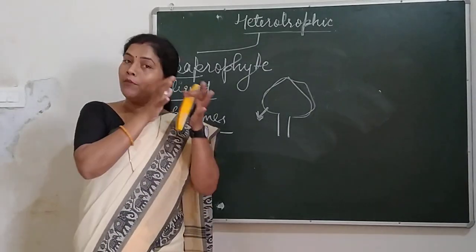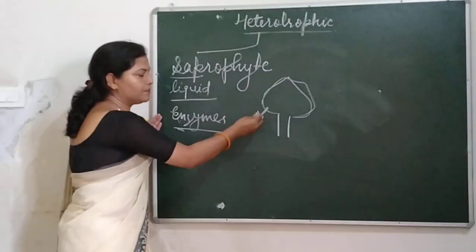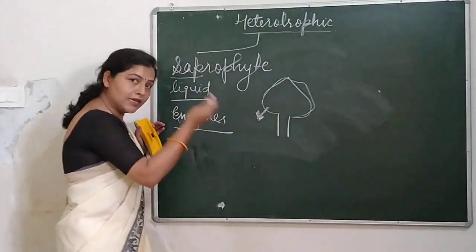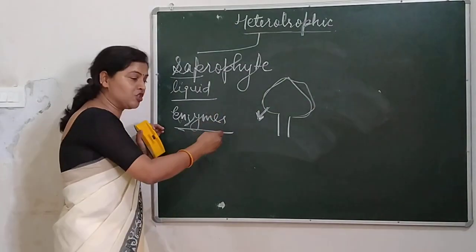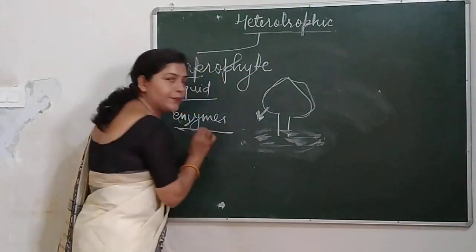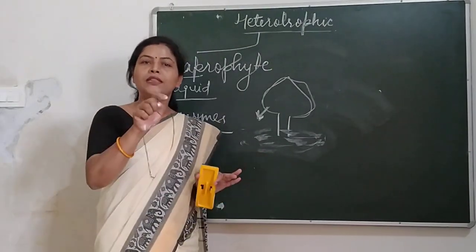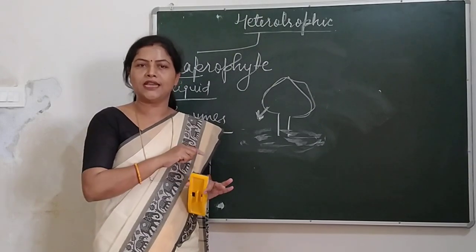It breaks the complex food into the simplest form. So these enzymes are secreted by mushroom or fungi over these dead and decayed matters on which they are growing. Though they are dead and decayed, they contain organic materials inside them.